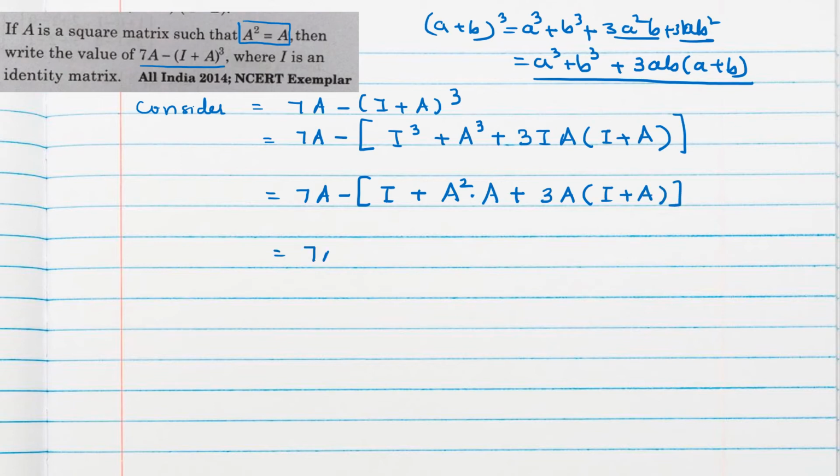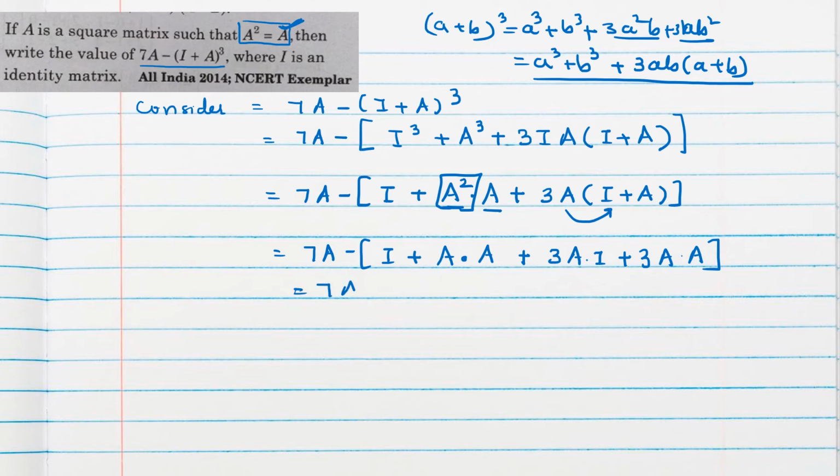Now this A square we can write as A because in the question it is given that A square is A, and this A we can copy as it is. Now we can open the bracket: 3A into I, 3A into A. This will give again A square.